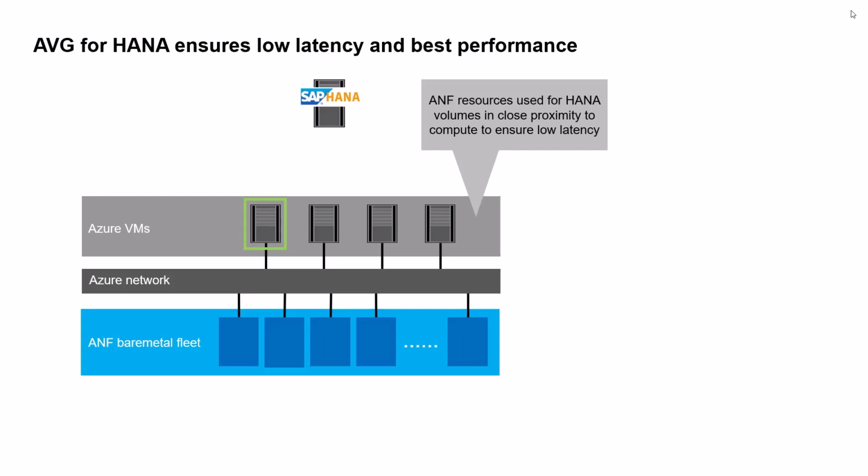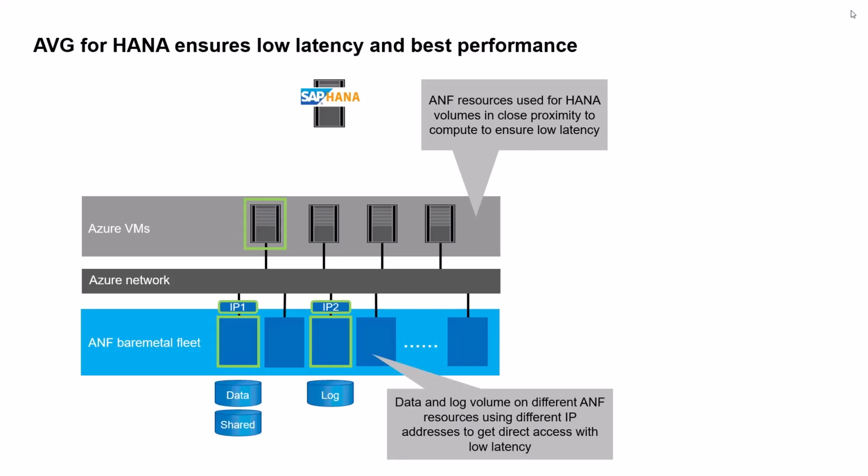Technically, they must be connected to the same network spine. In addition to the proximity of the HANA VM and the ANF volumes, the Application Volume Group logic places data and log volumes of a HANA system on different ANF hardware. These storage endpoints are configured with individual IP addresses to ensure direct access in the ANF cluster with lowest latency.